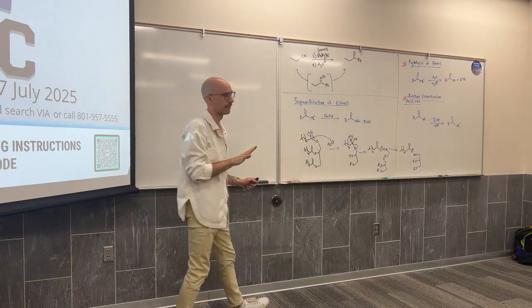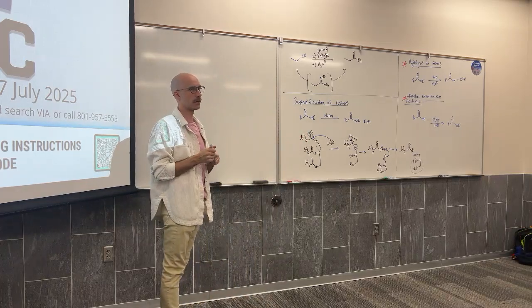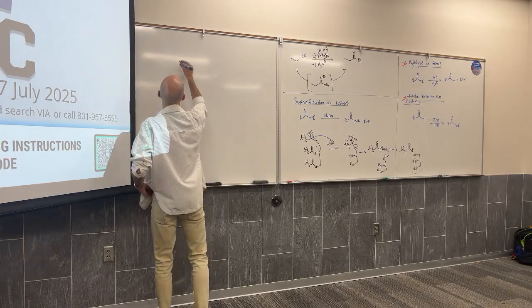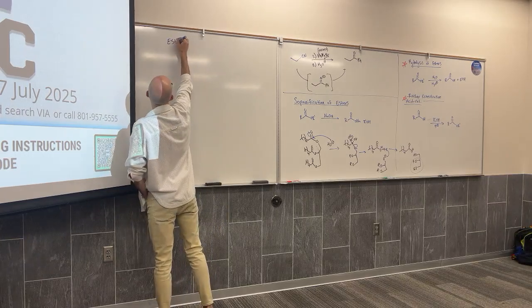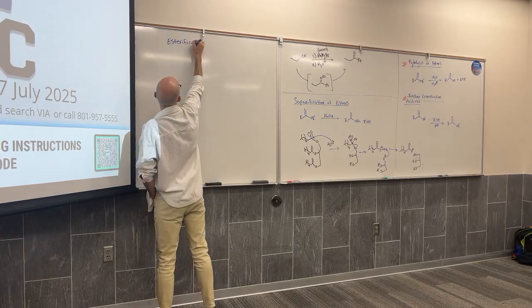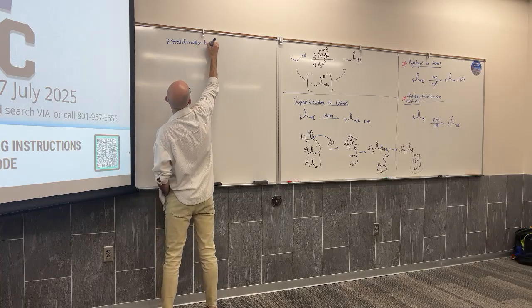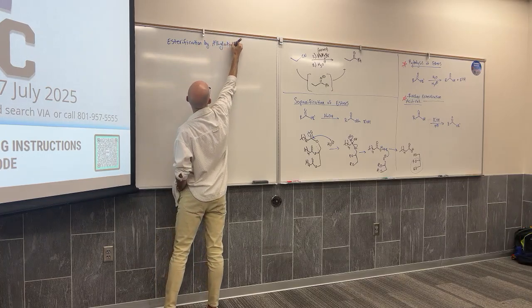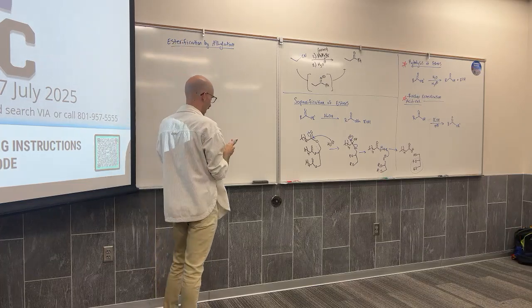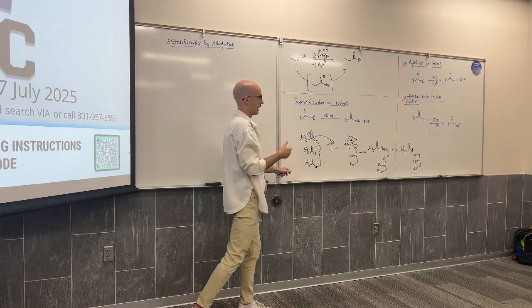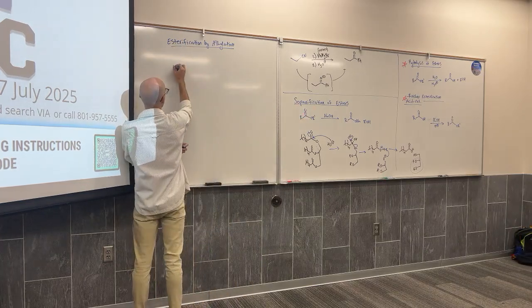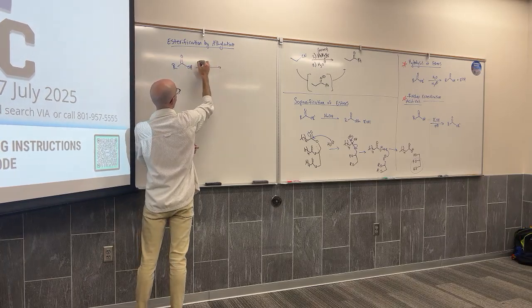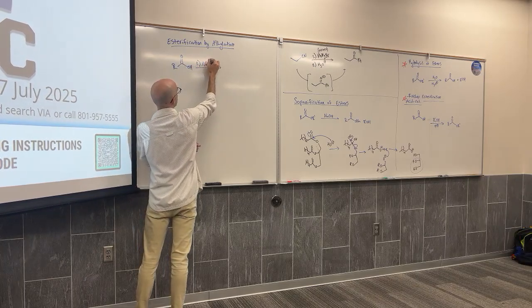Before we get into them, there's just a couple of other reactions with esters that I think are interesting and I want you guys to see. Esterification by alkylation. That means I'll add an alkyl group rather than an alcohol. Start with the carboxylic acid. First, we need to deprotonate it.